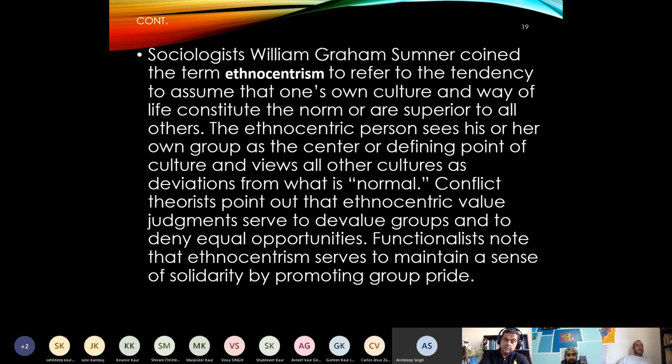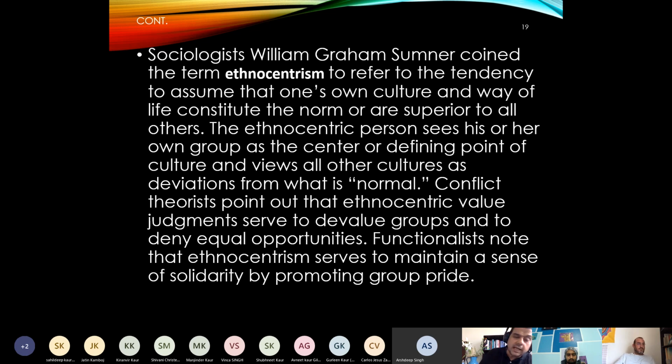The ethnocentric person sees his or her own group as the center or defining point of culture, and views all other cultures as deviations from what is normal. Conflict theorists point out that ethnocentric value judgments serve to justify the denial of equal opportunities. Functionalists note that ethnocentrism serves to maintain a sense of solidarity by promoting group pride. Thank you very, very much.